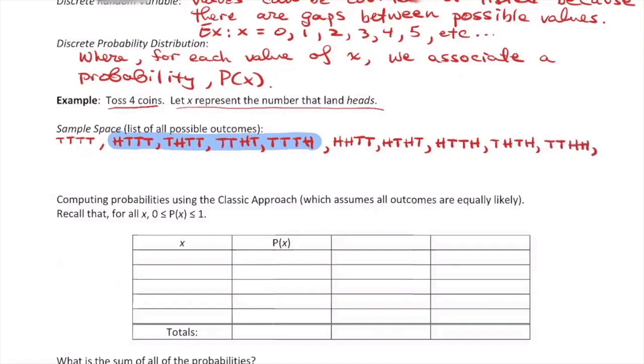There's one more way to get 2 heads that I missed. Can you see it? Can somebody type it? I missed one of the ways to get 2 heads. Tail, head, head, tail. Thank you, Jason. Correct. Okay, so these all go together. I'm going to highlight them with a different color. Those all have 2 heads.